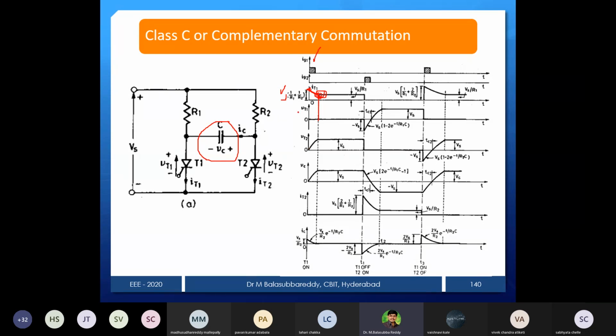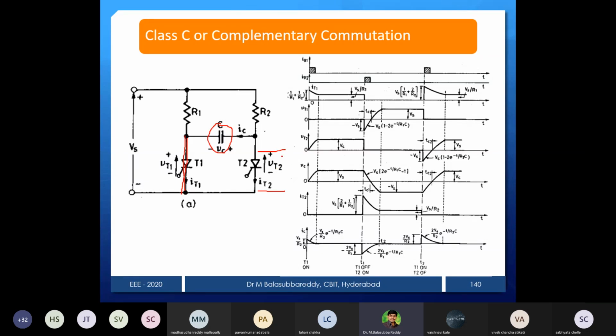And what about Vt1? We turned on the device, therefore Vt1 will be 0 and remain 0. And what about Vt2? Vt2 is in the off state. Whatever the capacitor voltage is will appear across Vt2, because T1 is on. The capacitor voltage directly appears across Vt2.